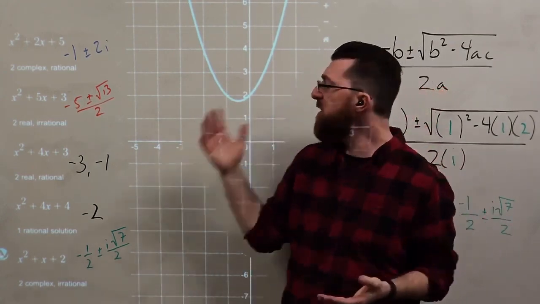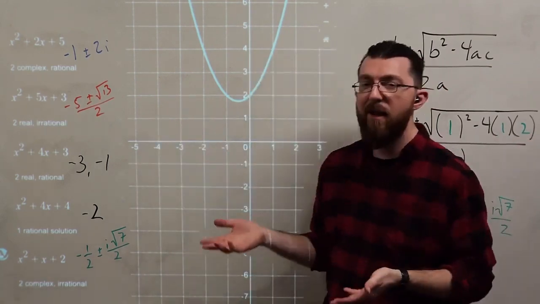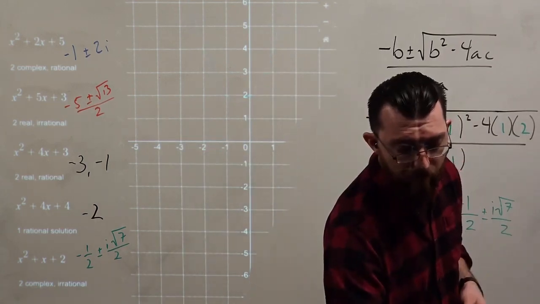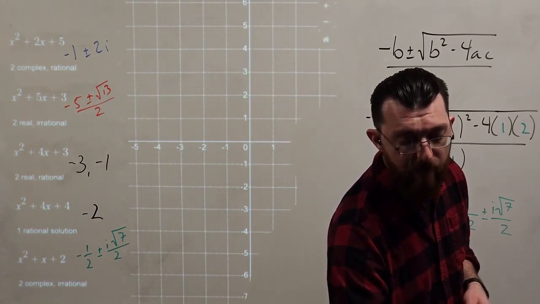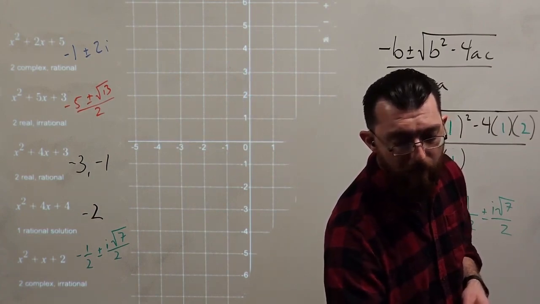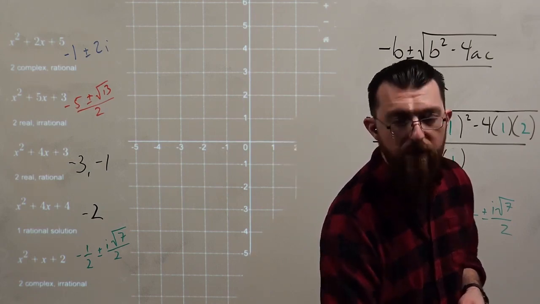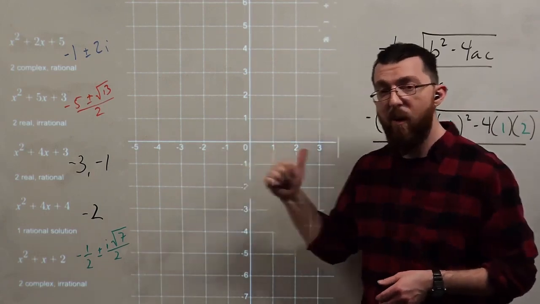But this is just a cross section then, and we would just say it just doesn't have any real ones. So those are the graphs and the x-intercepts, if they exist: real, complex, rational, irrational, for 5 different parabolas with 5 different types of solutions in the quadratic formula.